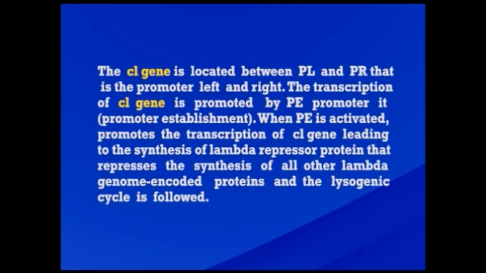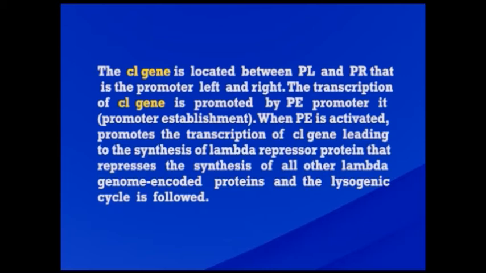The C1 gene is located between the PL and PR, that is the promoter left and the promoter right. The transcription of the C1 gene is promoted by PE, that is the promoter establishment.